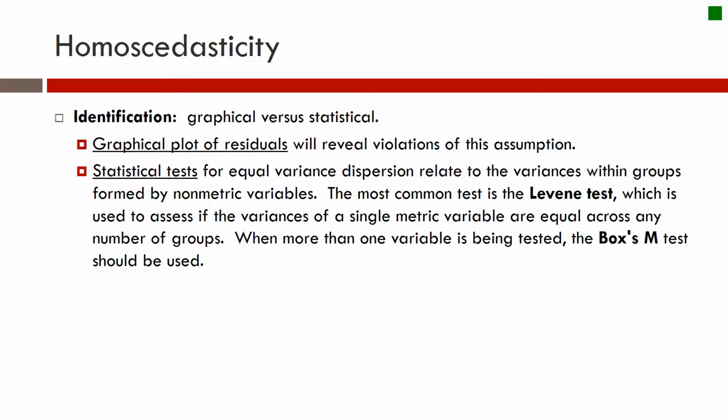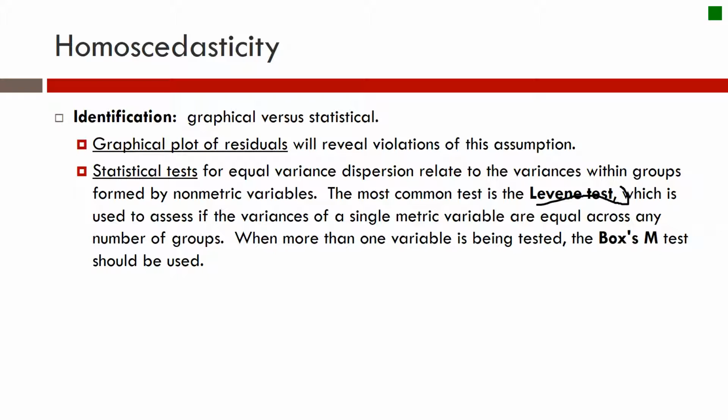As we identify homoscedasticity, we could graphically plot residuals. That was what we were looking at before when we were looking at the data, so we can do some data plots. Then there's also the common test, the Levene test, that would help us measure the degree to which homoscedasticity may be present.